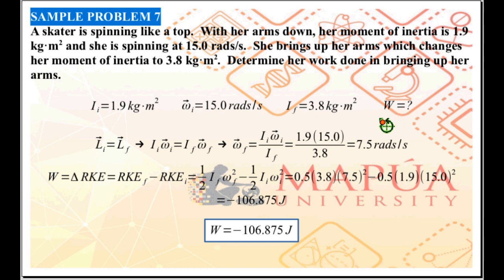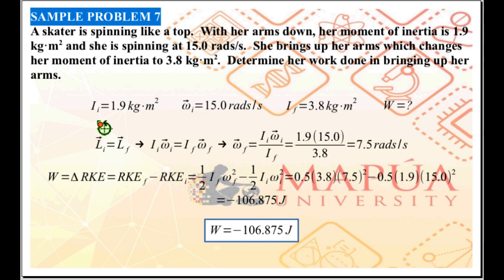In terms of work done, we are talking about the change in the rotational kinetic energy of the system. So work done is equal to delta RKE. To calculate the change, we not only need the initial velocity, we also need the final velocity.